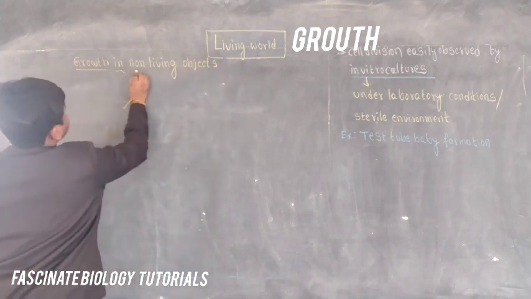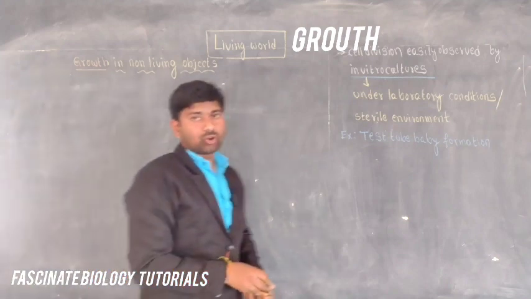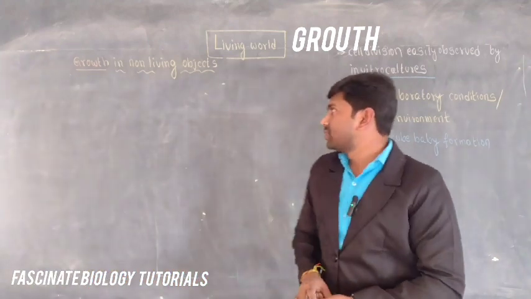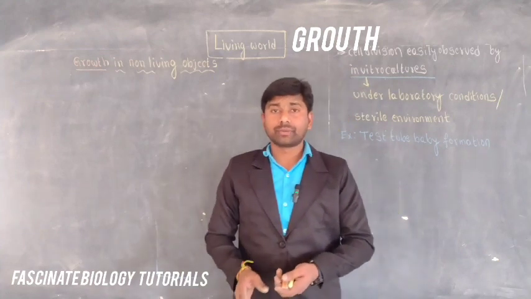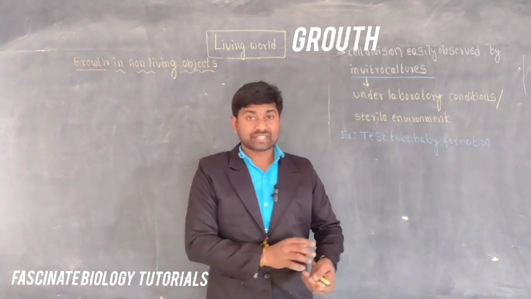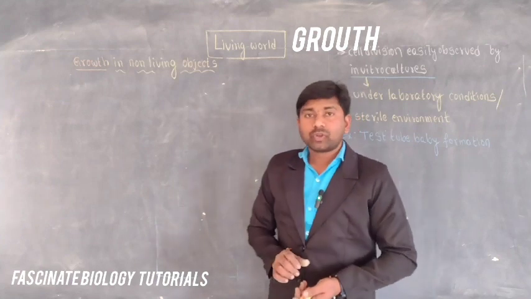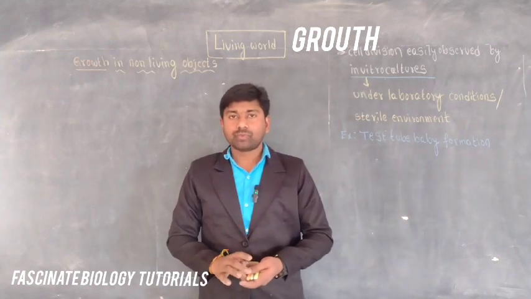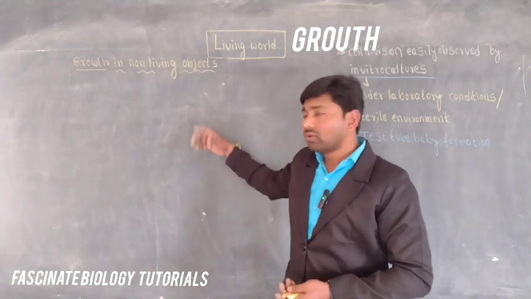Do you know what is the meaning of non-living objects? Not non-living organisms, but non-living objects. Non-living objects cannot reproduce, they cannot move, they cannot respire. Remember, non-living objects cannot do anything, but they can grow.